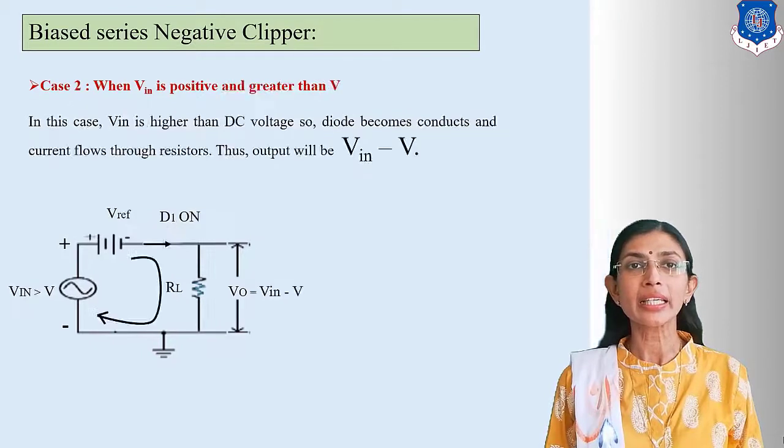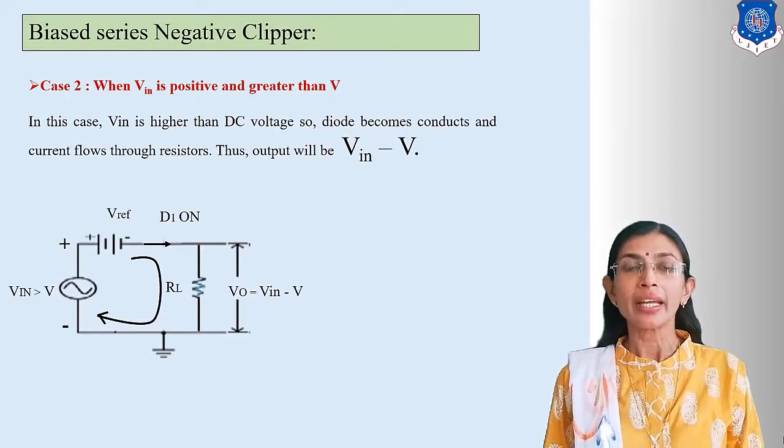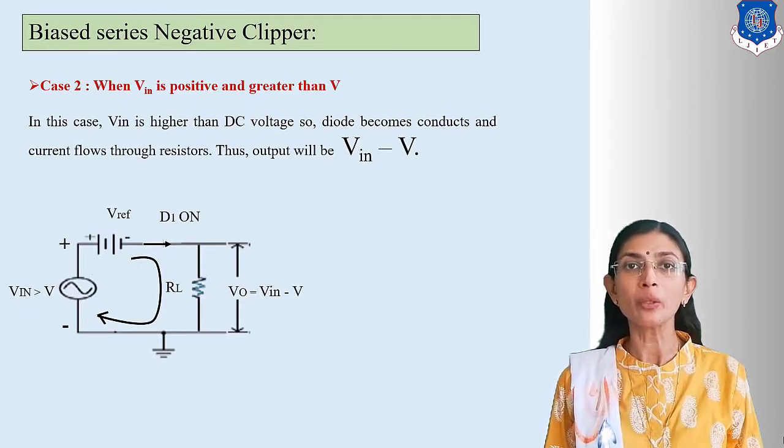So let me discuss case 2. If the input becomes more than V reference, that means during the positive half cycle, when V in is greater than V reference, then V in becomes more effective. The input's plus terminal is connected with the anode of D1, and that's why D1 is on and conducts, so that current flows through the loop.